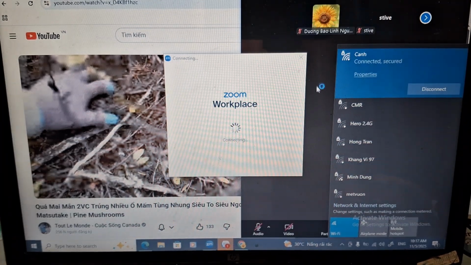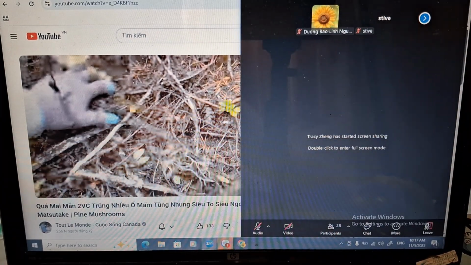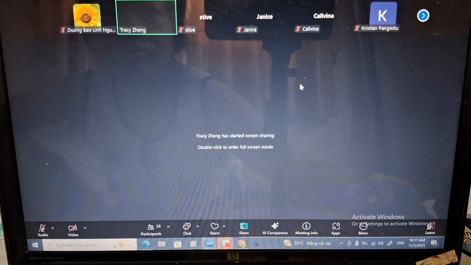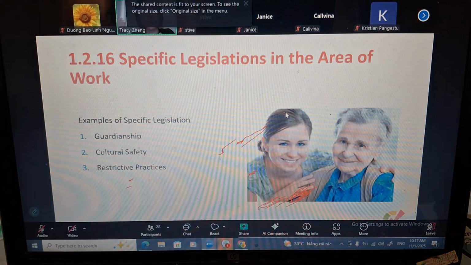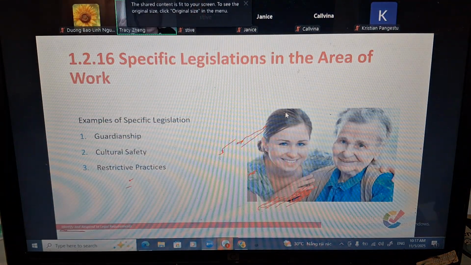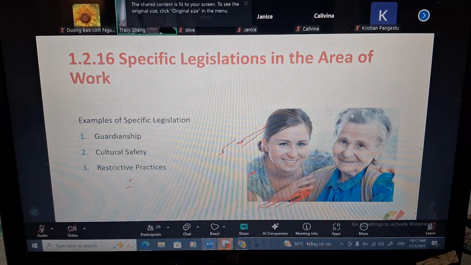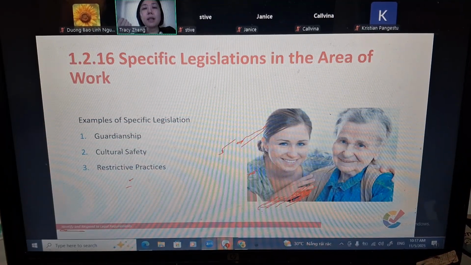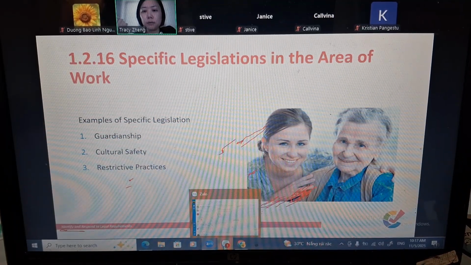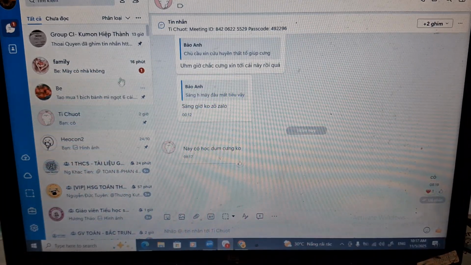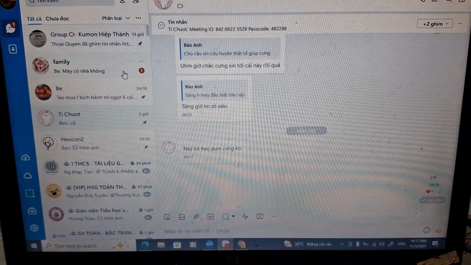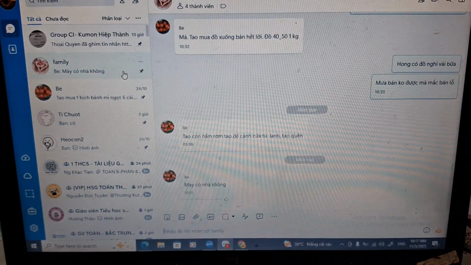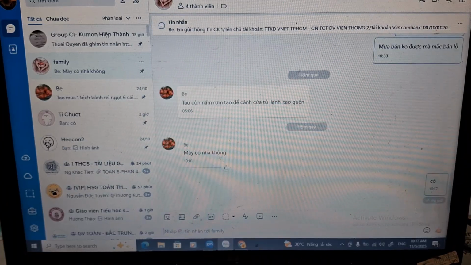So as a support worker or as an aged care worker, we try to avoid using restrictive practices, only using them as the last resort, okay? When it's really, really needed. Otherwise, we should avoid using restrictive practices.